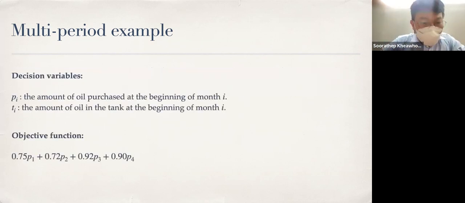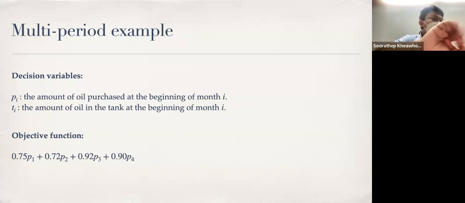So now we think about the variables. They want to know the plan of how much oil to be purchased. So the amount of oil purchased at the beginning of each month, we use Pi. And for Pi we have 4, for 4 months, for 4 periods.